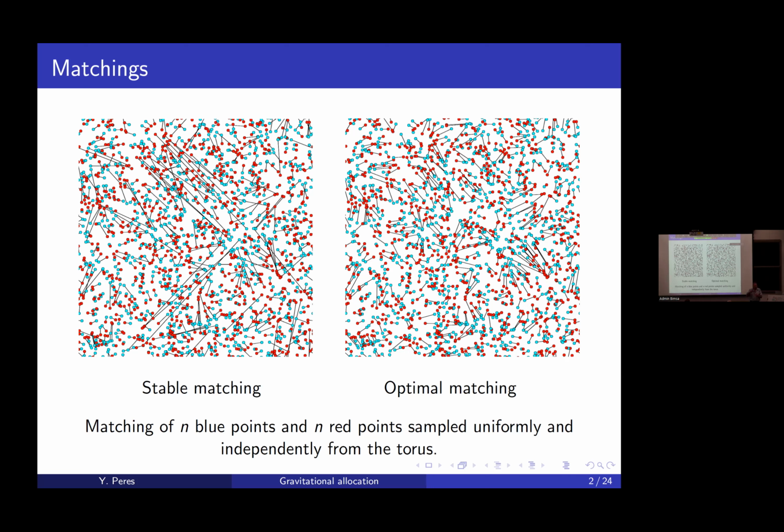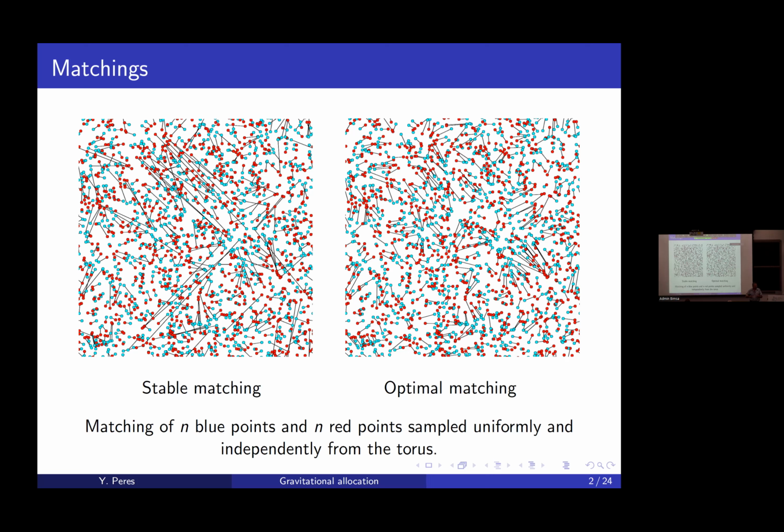Every blue wants to match with one red, and every red wants to match with one blue that is as close as possible to it. So if there's a blue and red that are not matched, but each one says, oh, this red is closer to me than my official match, and the red says the same, this blue is closer to me than my official match, they will just break the official matches and match together. So this is an instability.